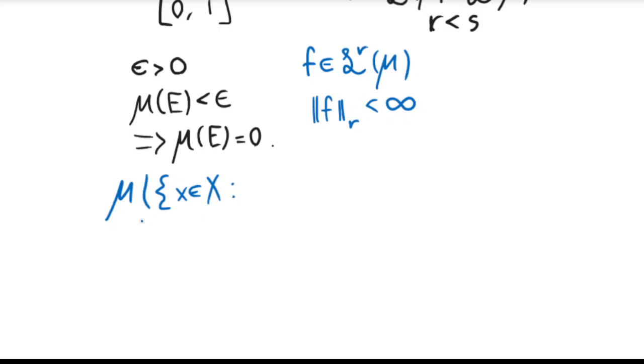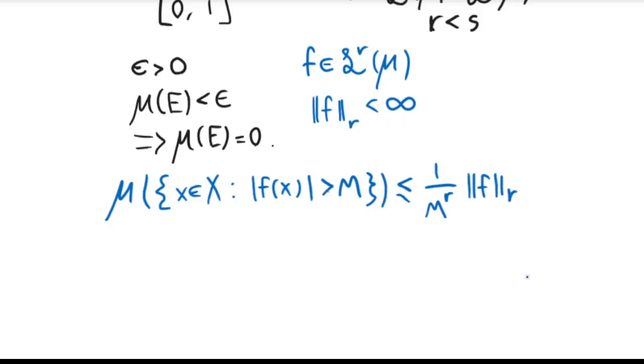This says that the measure of the set of points such that |f| is at least m, for a positive m, is less than or equal to 1 over m to the r times the r norm of f, to the r. And we know that this is not equal to infinity, so this is just a finite value.